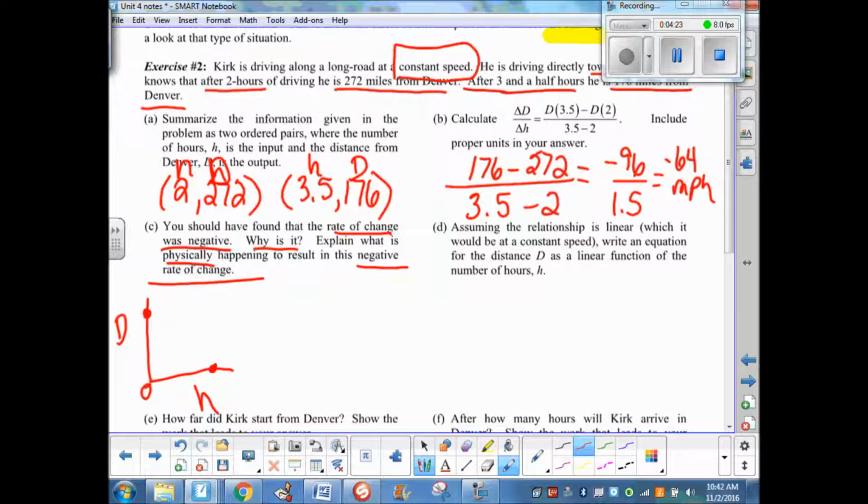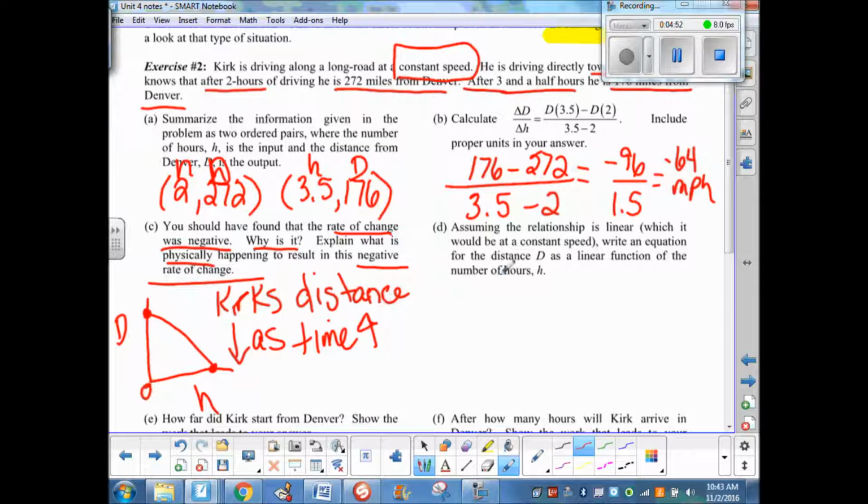At some point down here, as time has gone on, he has gotten closer to Denver, so therefore we've got that negative slope. That's why it's that negative rate of change. So Kirk's distance is decreasing as time is increasing.